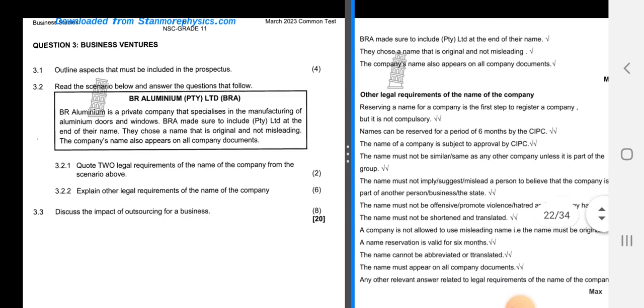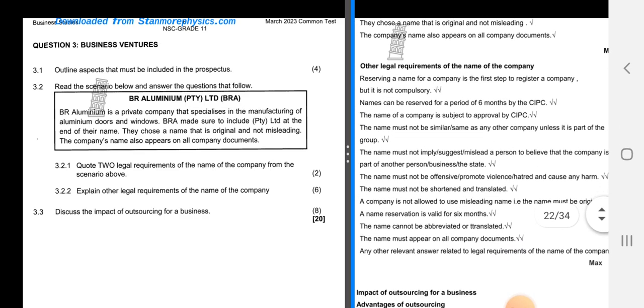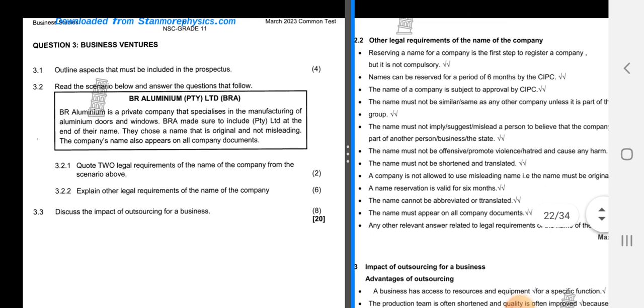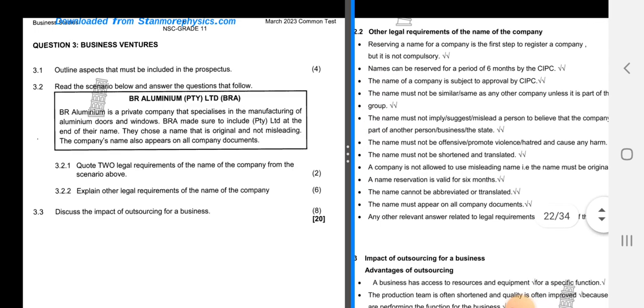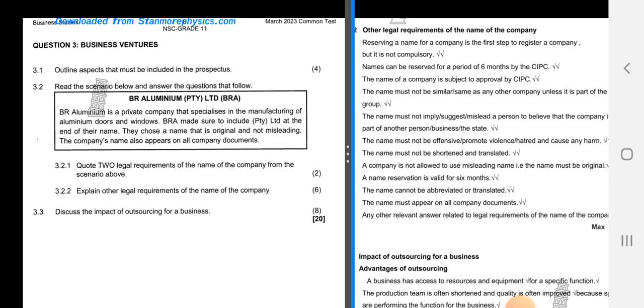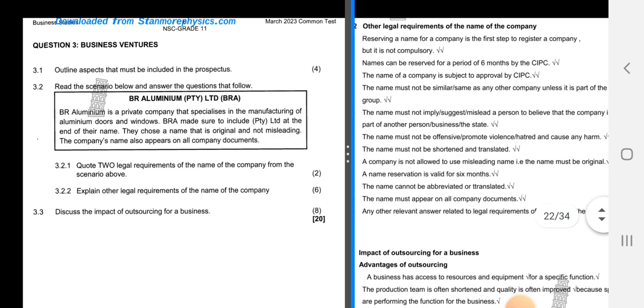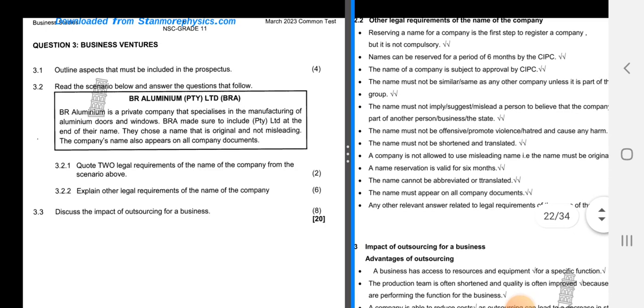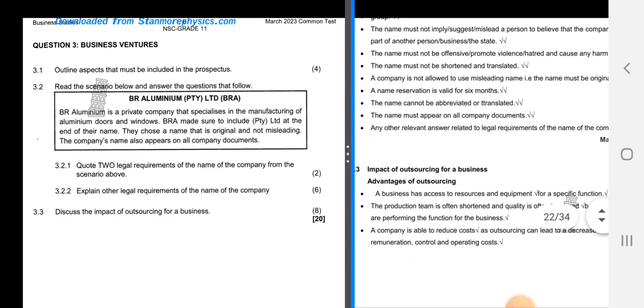The name must not imply, suggest, or mislead a person to believe that the company is part of another person, business, or the state. The name must not be offensive, promote violence, hatred, or cause any harm. The name must not be shortened or translated. A company is not allowed to use a misleading name. The name reservation is valid for 6 months. So those are other requirements.